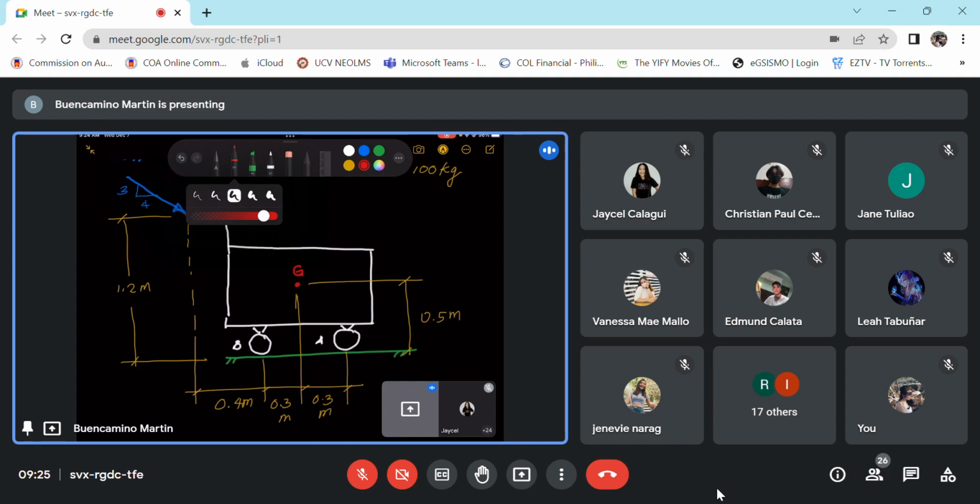I will use red color. This is actually the resultant weight, this is m times g.